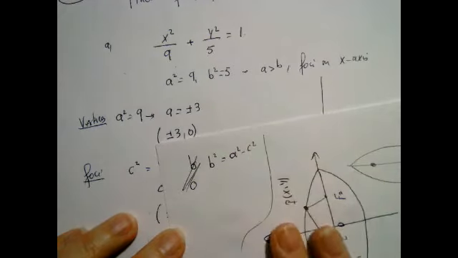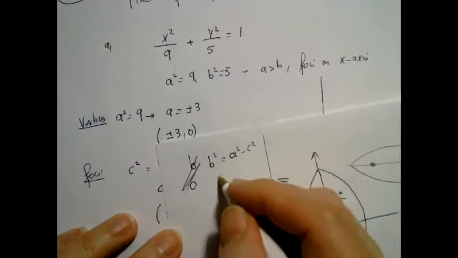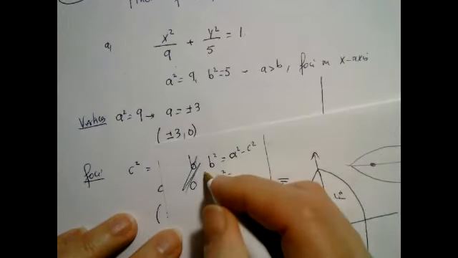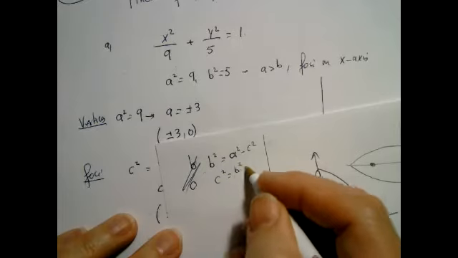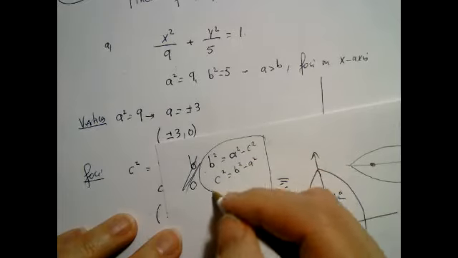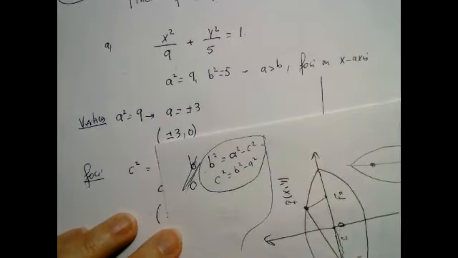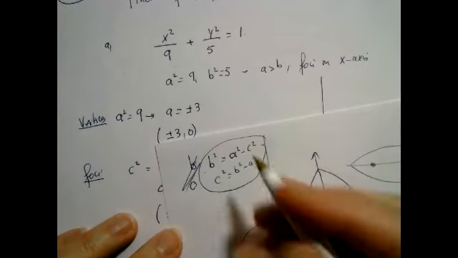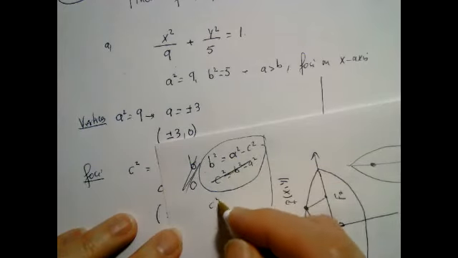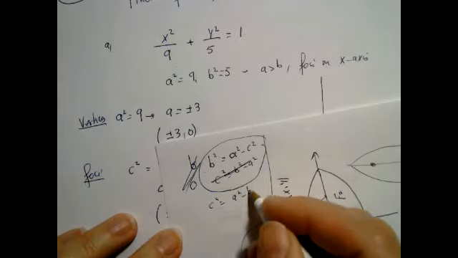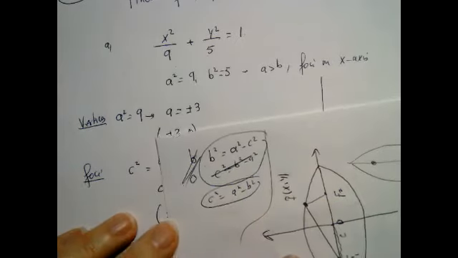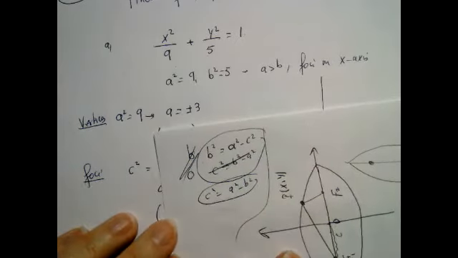So if we solve for c squared from this, I'll get a squared minus b squared. Okay, that makes sense now.